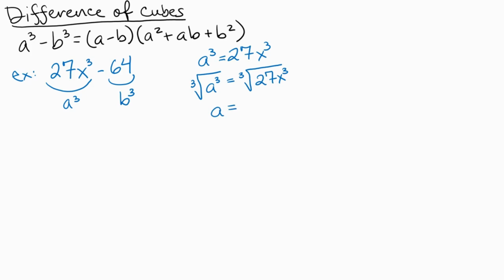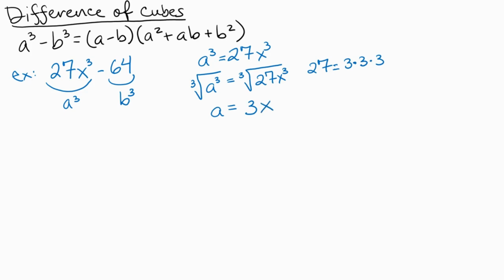What value times itself again is going to give us 27? In this case, 27 is made up of 3 times 3 times 3, so the cube root of 27 is going to be 3. And the cube root of x cubed cancels out, so we just get x.